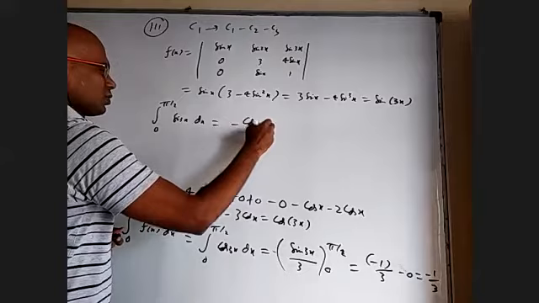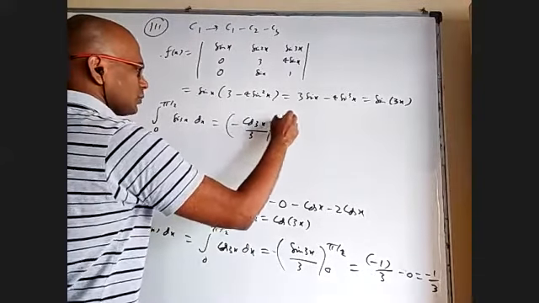This is minus cos 3x by 3 with 0 to pi by 2.